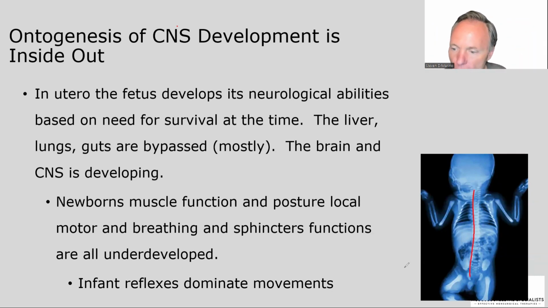Everything close gets developed first. And when they're newborns, they don't have control of their extremities. They're just kind of flopping around, right? The reason is the CNS, the central nervous system, has not developed there yet. It's only developed this far. And then as they grow throughout the first year of life, they get more and more control.